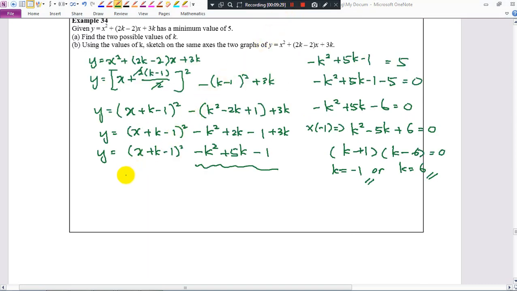I find the equation for you, then you go back and try to sketch a graph. When k is equal to negative 1, y will be equal to x squared plus 2 times negative 1, that is 2k, minus 2x plus 3 times k, negative 1.